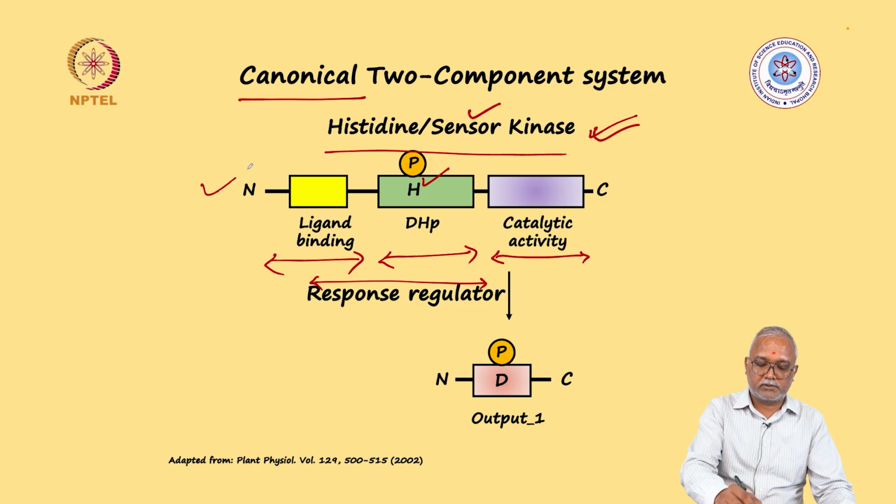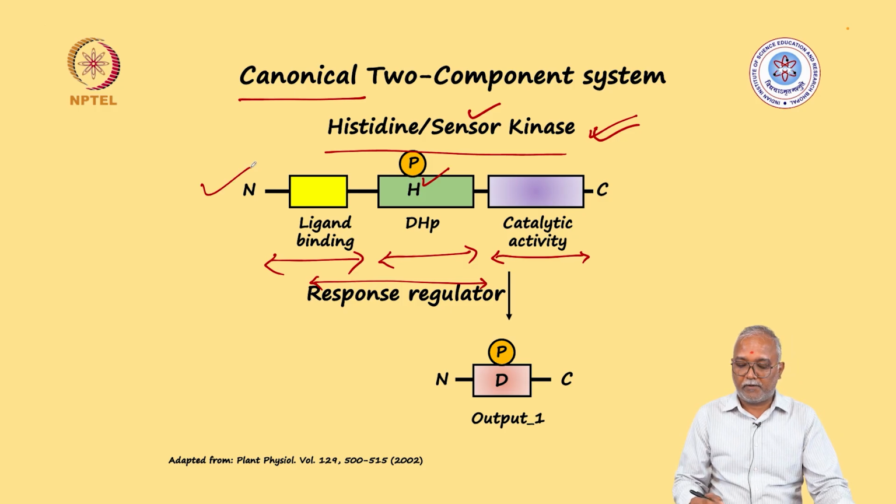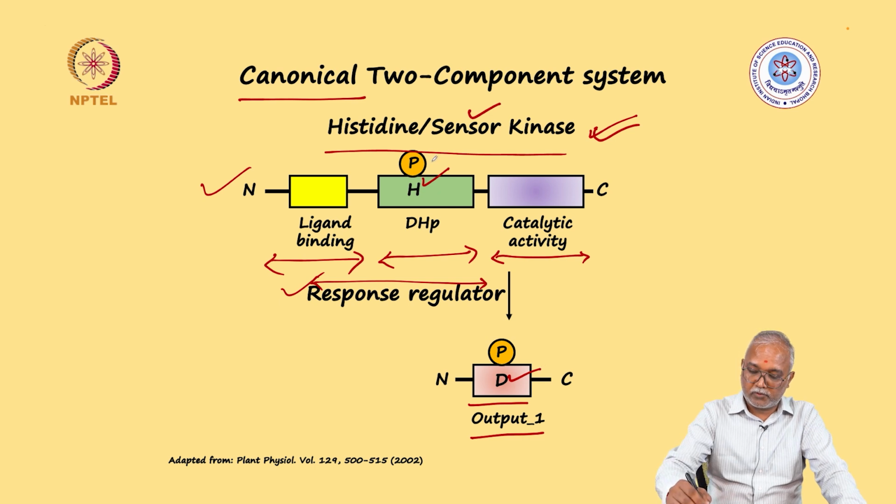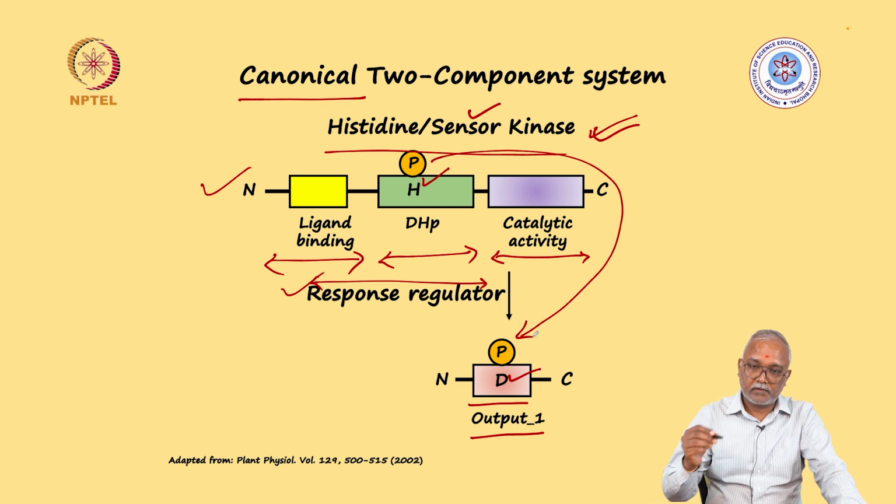First component is the sensor kinase or the receptor, second component is the response regulator or some sense effector which we have discussed earlier. So the basic need of a response regulator is to have a domain which can generate an output. The simplest response regulator would be something which has this aspartate residue on which this phosphate group can be transferred.